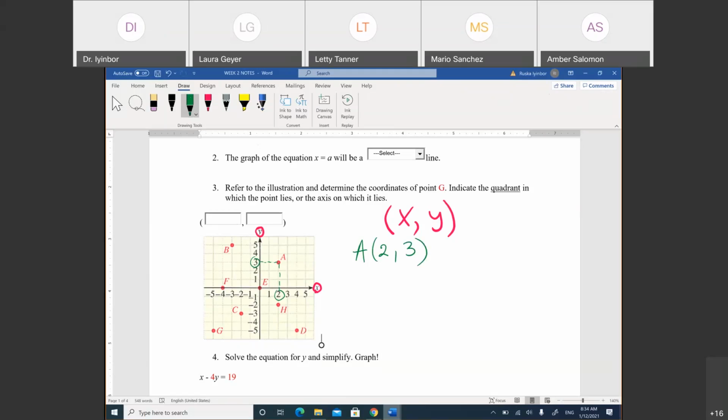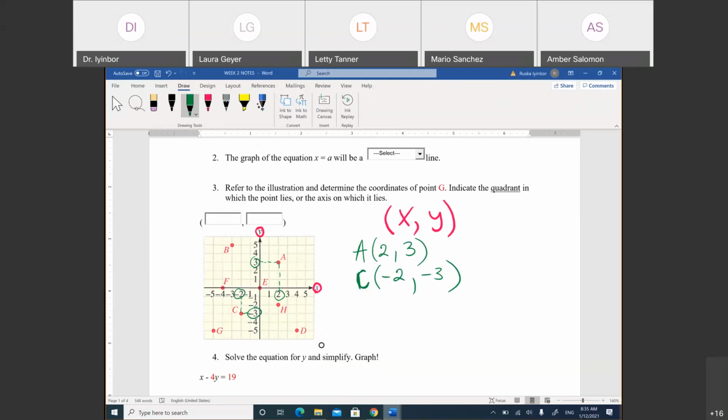If I want to get the coordinates of point C, I'm going to go to the x first, which is negative 2. So C has coordinates negative 2, and then I'm going to go to the y-axis, and the number there is negative 3. So this is how you get the coordinates.